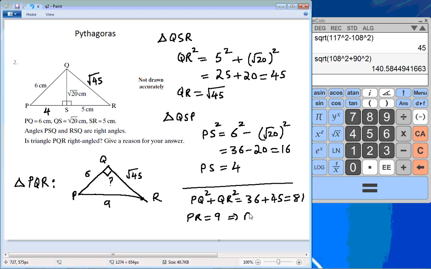Then PR squared, 9 times 9 is going to be 81. So because PR squared is equal to the sum of the other two squares, this triangle is right angled. So therefore the triangle PQR has a right angle.